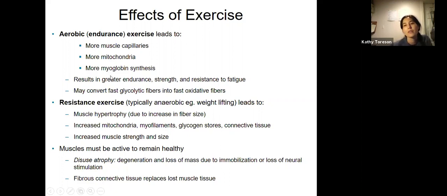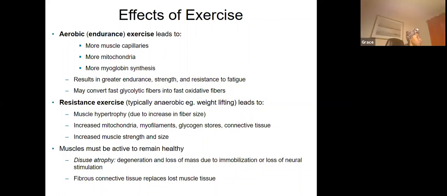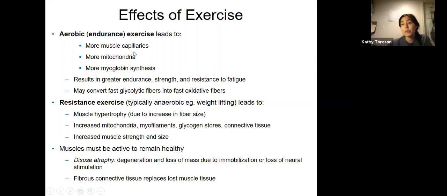And so that's important because aerobic respiration requires oxygen. Right, so increased capillaries is going to bring more blood to the area, and the blood is carrying the oxygen. But the myoglobin is what's binding the oxygen in muscles.